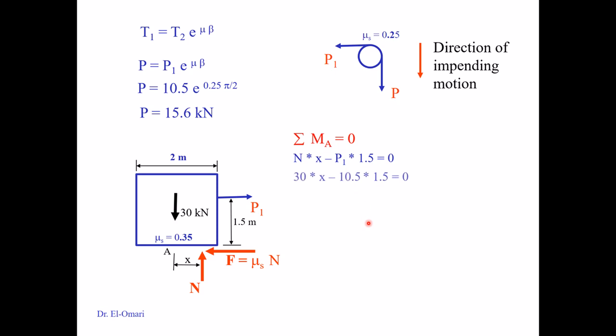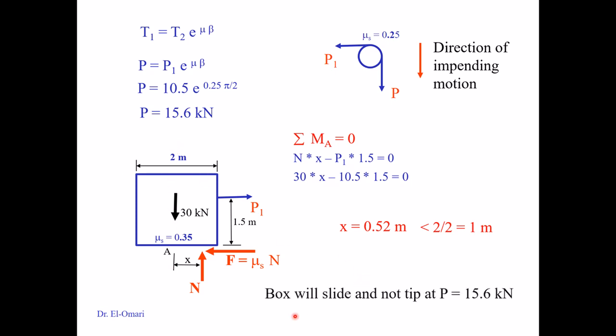Solve for x, applying that P1 is 10.5 and the 30 we calculated before, then we can find that x is about 52 centimeters or 0.52 meter, which is less than half the width of the box, which means that this box will slide and it will not tip when P reaches the 15.6.